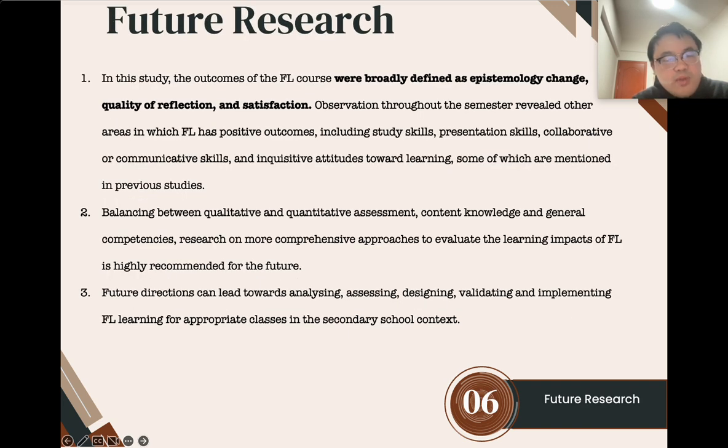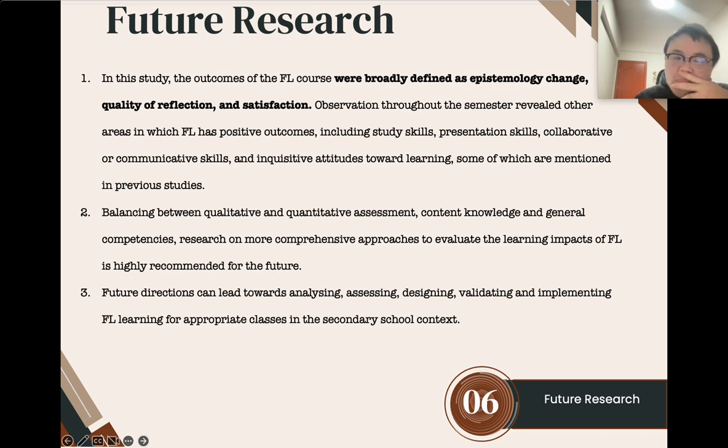Now, coming to the last part, there are some directions for future research. In this study, the outcomes of the FL course were broadly defined as epistemological change, quality of reflection, and satisfaction, not about results, not about academic scores.